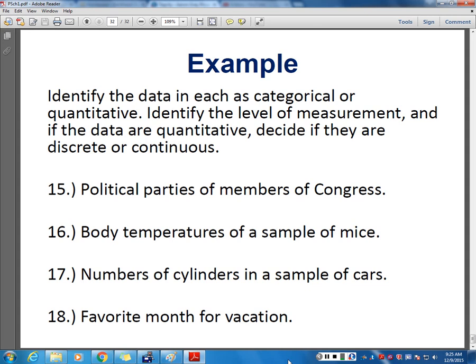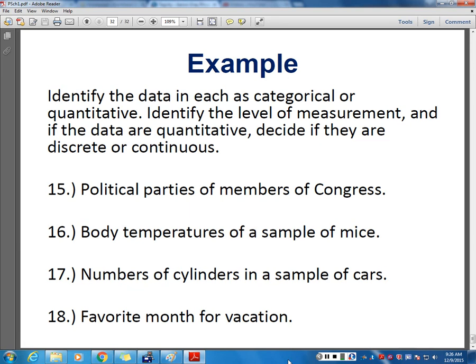And lastly, discrete or continuous. Those are discrete. There are only a certain number of things I can choose from. Even if there were infinitely many of them, no manufacturer makes pi number of cylinders. There are no 2.1545657 repeating cylinders in any cars. So quantitative, ratio, and discrete for number 17.